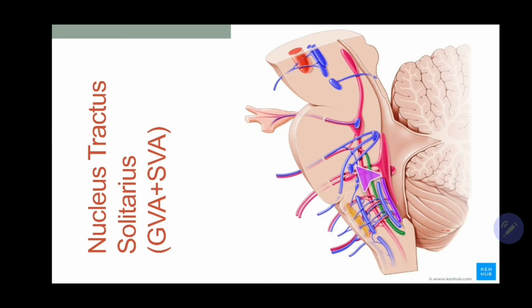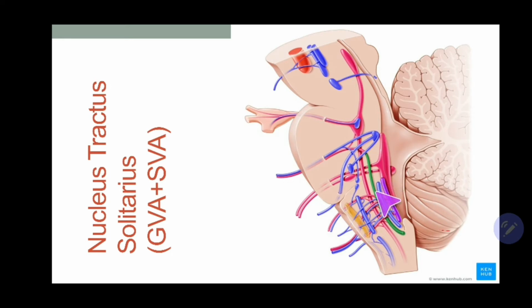So the fibers from the upper portion of the nucleus tractus solitarius, you can see they are continuous with this nerve, which emerges lateral to the facial nerve, and by now you must have guessed that this nerve is nervus intermedius, and it's bringing the taste sensation from the anterior two thirds of the tongue, including the hard palate except circumvallate papillae.